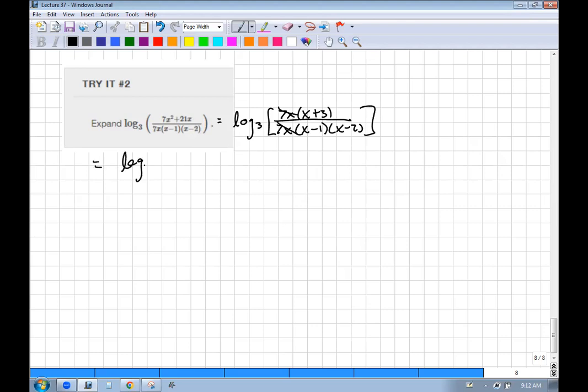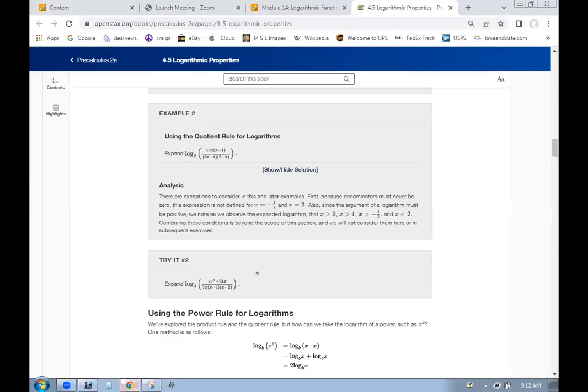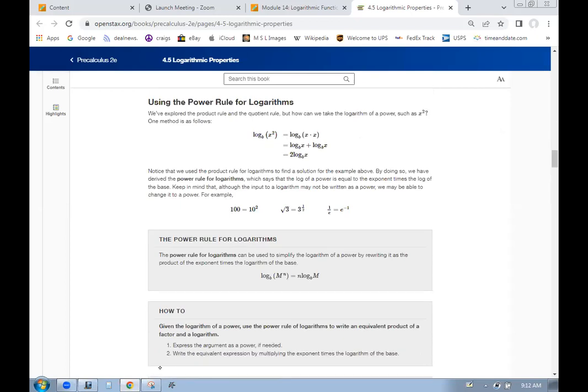We have a log base 3 of x plus 3. These are on the bottom, so we have to subtract. So we could simplify there. Now here's the power rule.